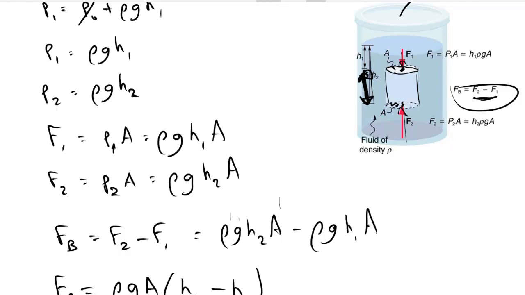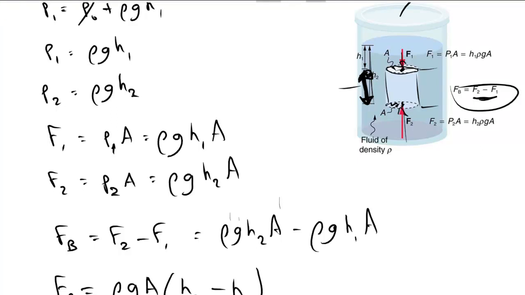Remember that we call for a pressure increase due to depth. H is positive on its way down, so this would be a positive quantity, H2 minus H1. And it is the height of this cylinder that we have in here.